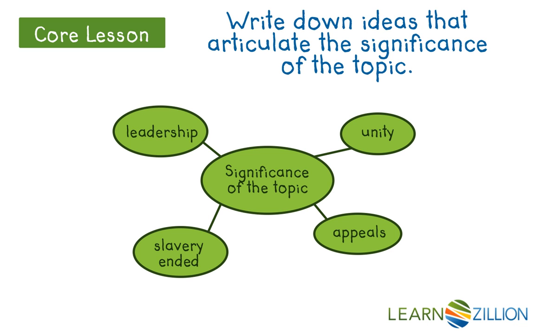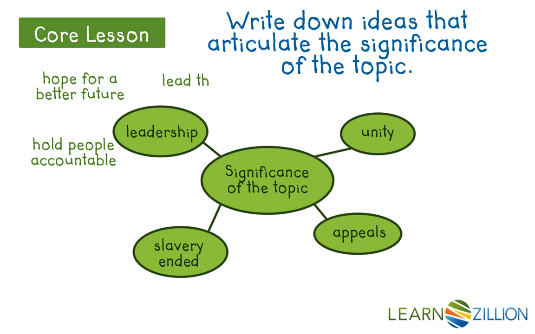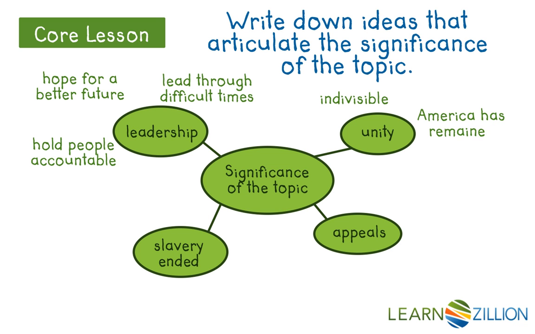Now that we have some main ideas, let's get more specific as to why they're significant. What comes to mind about Lincoln's leadership? Well, he had hope for a better future. He was willing to hold people accountable and lead the nation through difficult times. And then for unity, another related word is indivisible, which you might recognize from the Pledge of Allegiance. And we now know that America has remained unified ever since the Civil War.